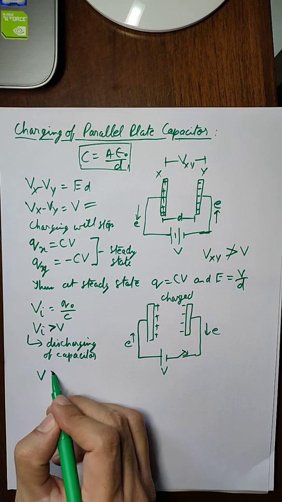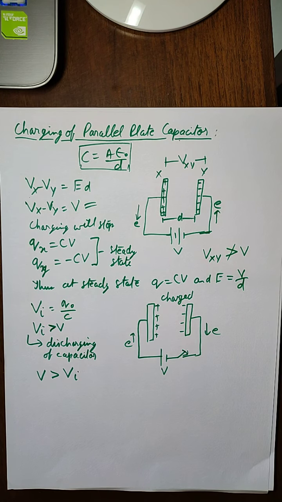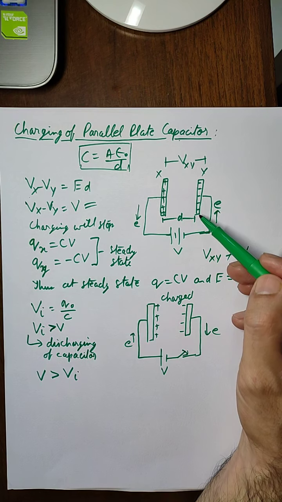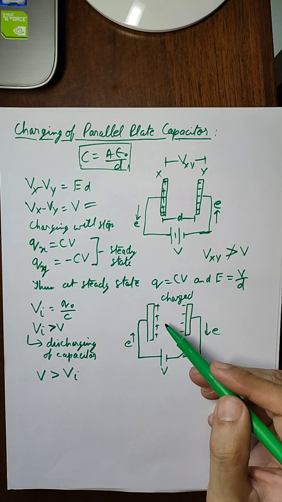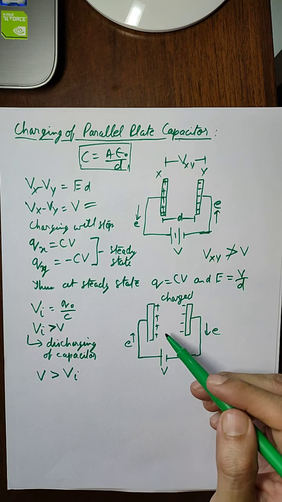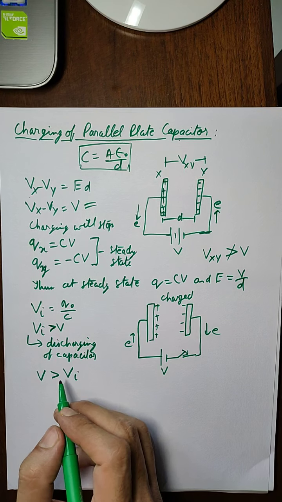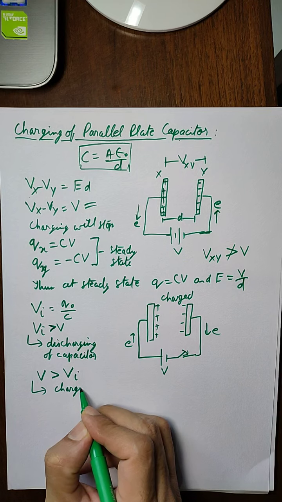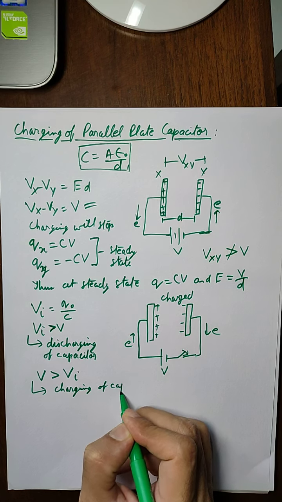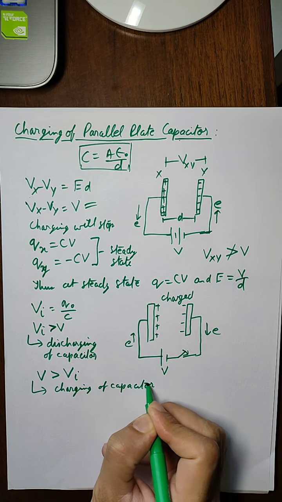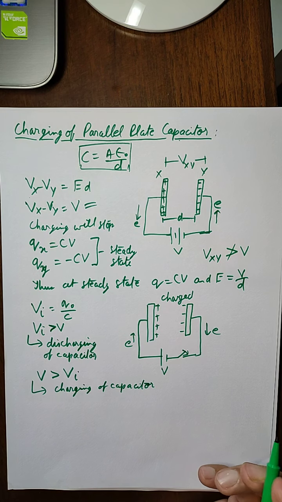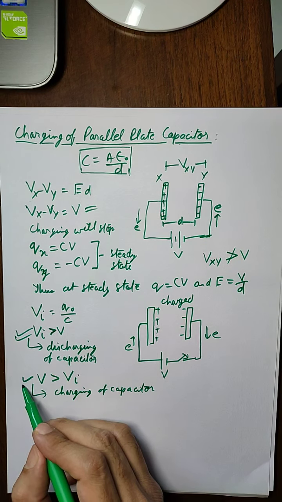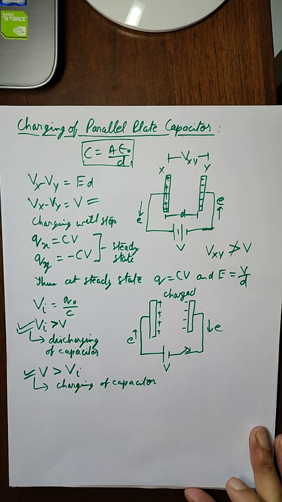Now suppose the potential of the battery is greater than the initial potential between the plates. In that case, the battery will supply charge to the capacitor and charging of the capacitor will start. In both cases, the end result will be the same.